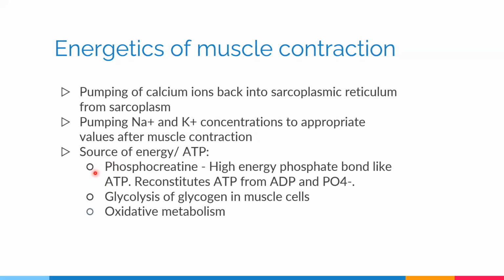The first source that is present in the muscles is phosphocreatinine. The high energy bond present in phosphocreatinine resembles ATP, but the energy of the bond is higher than that of ATP, and thus phosphocreatinine can spontaneously release a phosphate group which can reconstitute ATP from ADP and phosphate.